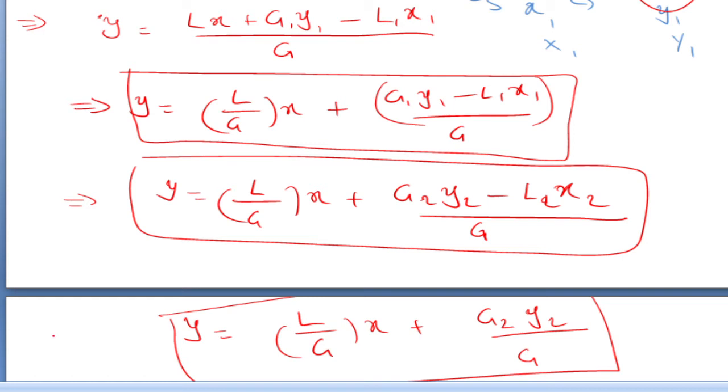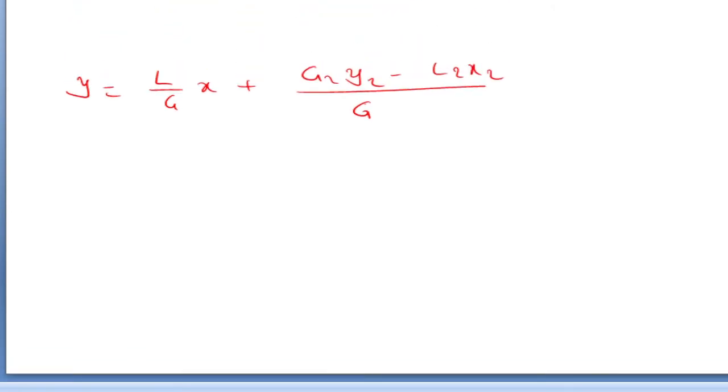Now you have this equation, so I will write down the equations again. If it is a solution, that means a recycled solvent, you have this equation: y equals L by G x plus G2 y2 minus L2 x2 divided by G. This is for recycled solvent.